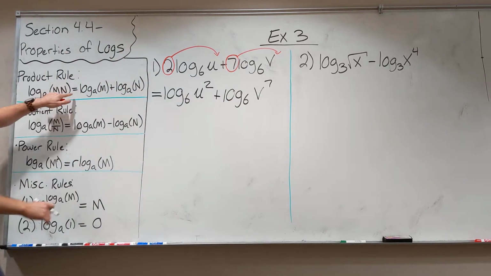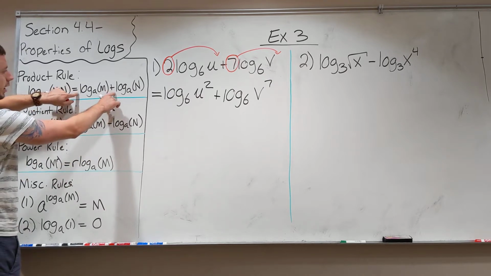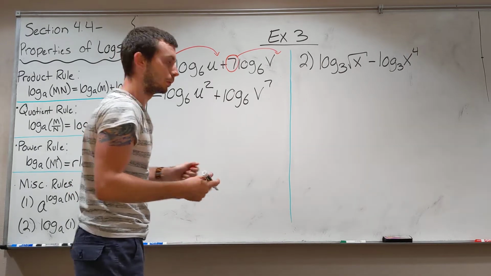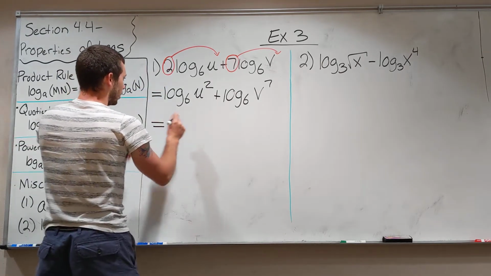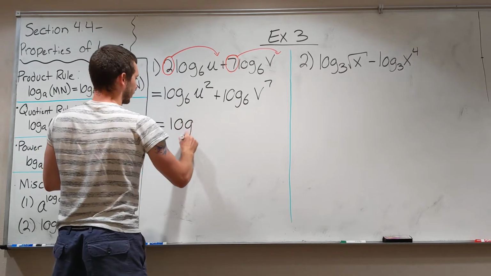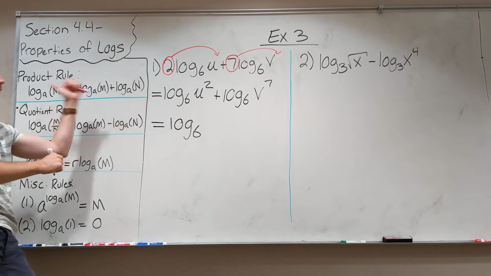That way, the product rule comes into play nicely. Notice this product rule does not have numbers in the front, and we want to resemble that as closely as possible. Now that we have that, we can combine these logarithms as one log by using this product rule. So we're going in this direction.